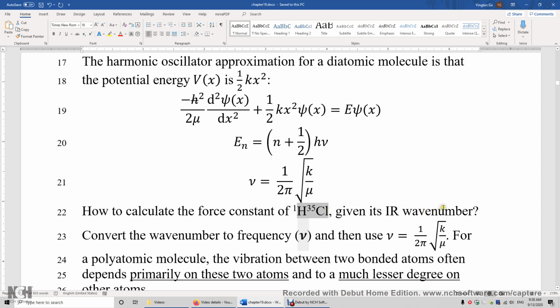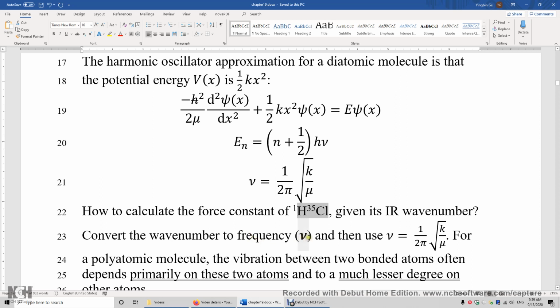So given this wave number, you can convert it to the frequency. Well, because the speed of light is equal to frequency times lambda. So lambda is c over frequency, and wave number is the reciprocal of lambda. So that's how you relate frequency, wavelength, and wave number.